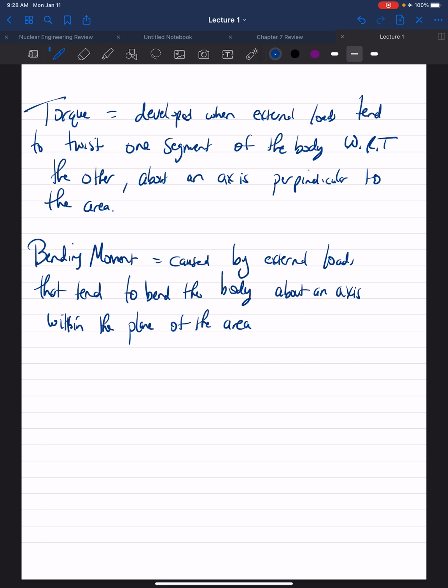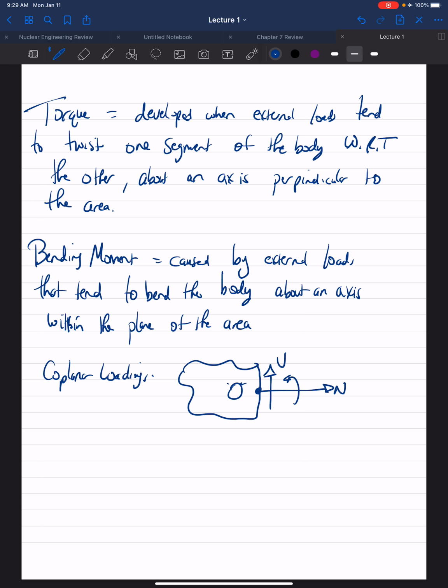Now, in coplanar loadings, and I'll draw a body for you. Once again, is our point O. Normal to this surface, you have a shearing force, and you have your bending moment.